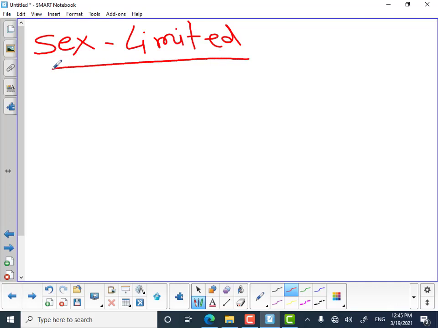These are traits which appear in only one sex due to the difference in the sex hormones of each. It is natural that some features are present in the female and not found in the male, and the opposite in the male. For example, milk production, egg laying, and the appearance of the beard in the male, due to the action of the hormones.